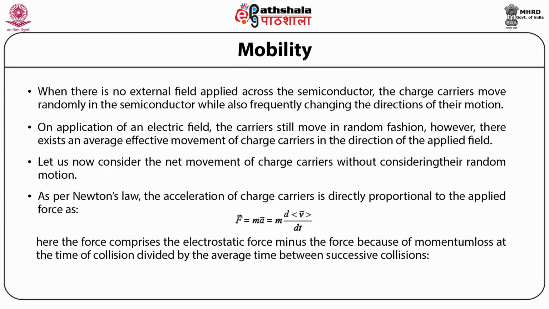Here the force comprises the electrostatic force minus the force because of momentum loss at the time of collision divided by the average time between successive collisions. So F vector equals q into E vector minus m into v vector divided by tau.